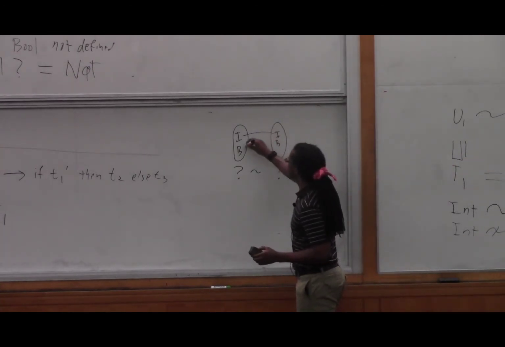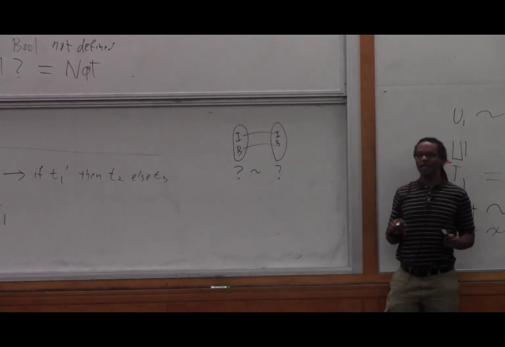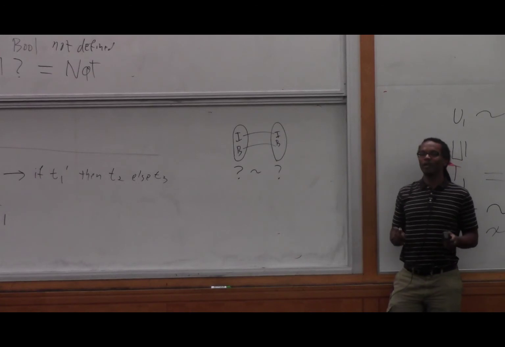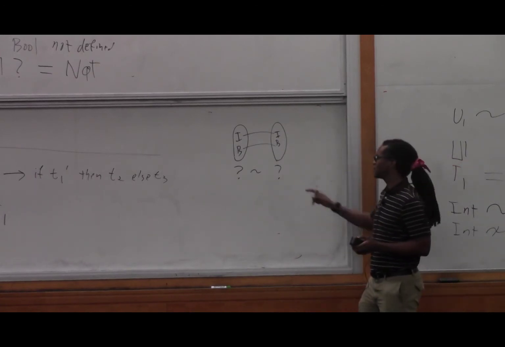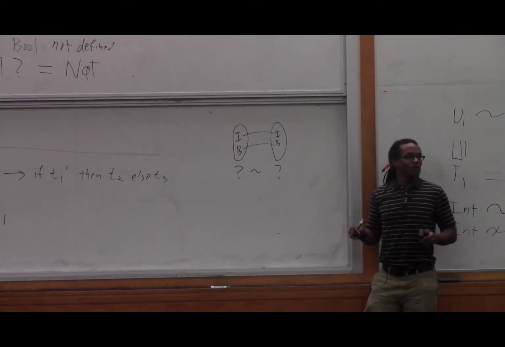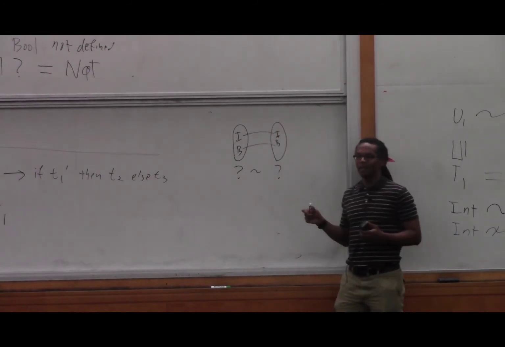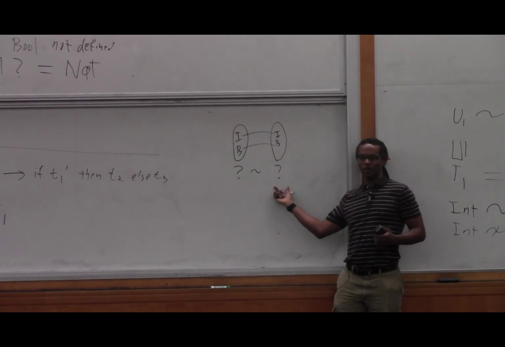At the beginning of time, all I know is that either int is equal to int or bool is equal to bool, and that's the support that I have for the possibility that this static type is equal to that static type. So now I have kind of computational content backing up this judgment.